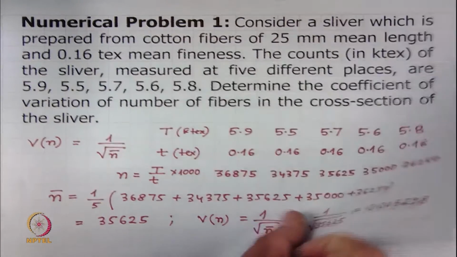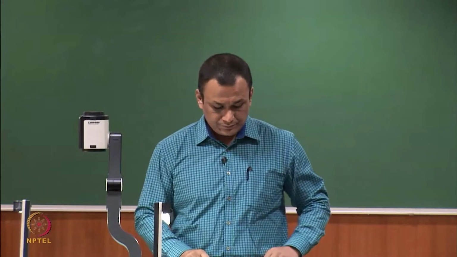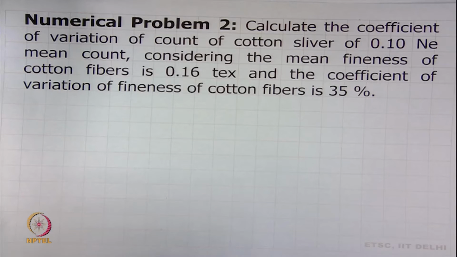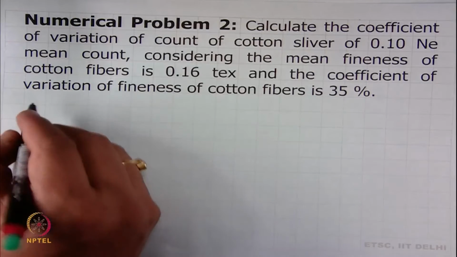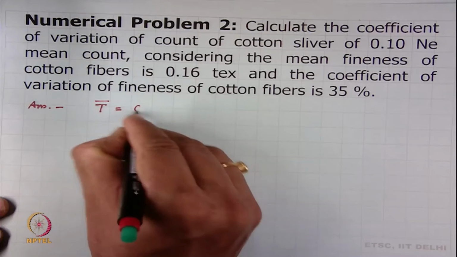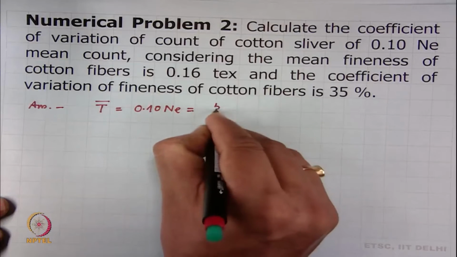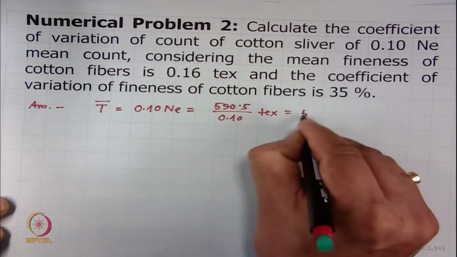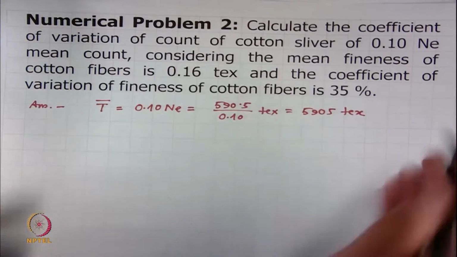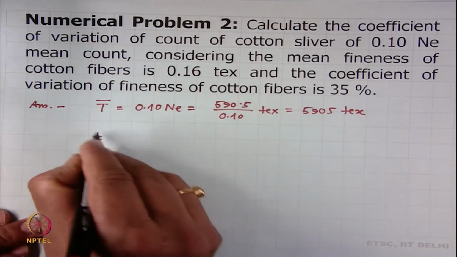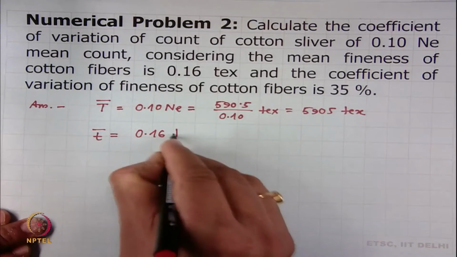Now, we proceed to numerical problem 2. Calculate the coefficient of variation of count of cotton sliver of 0.10 mean count, 0.905 kilotex, and mean fiber fineness is given, 0.16 tex.